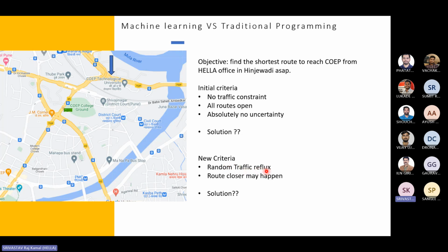There is traffic flux which could happen at any point of time with n number of reasons. Routes may get closed with n number of reasons. Now tell me the shortest path. Now you see how we move from traditional programming to machine learning. When I bring the uncertainty in front of you, we shift the problem from a normal computer programming problem to a machine learning problem.